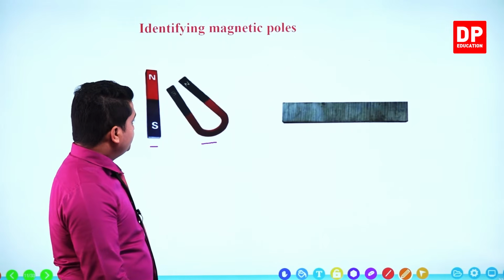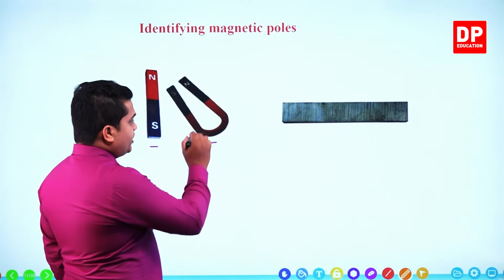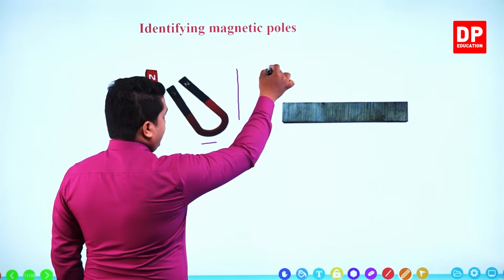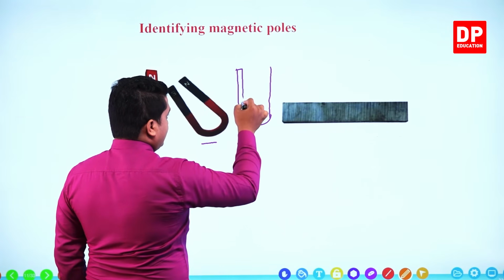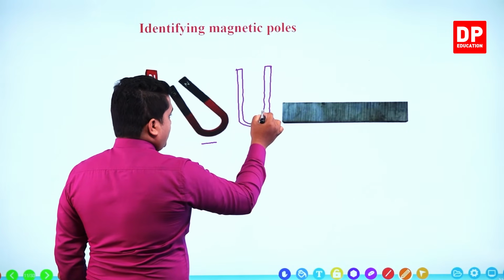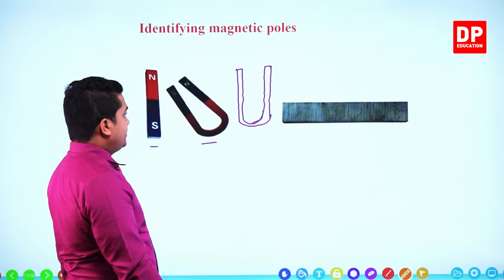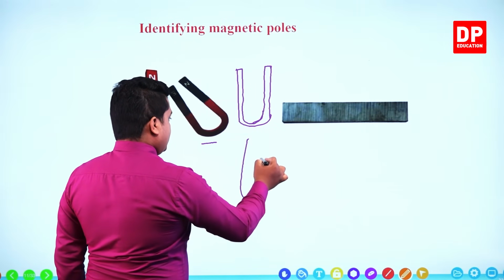It's not the U magnet. The U magnet is in the shape of a U, like this. The horseshoe magnet is not like that.